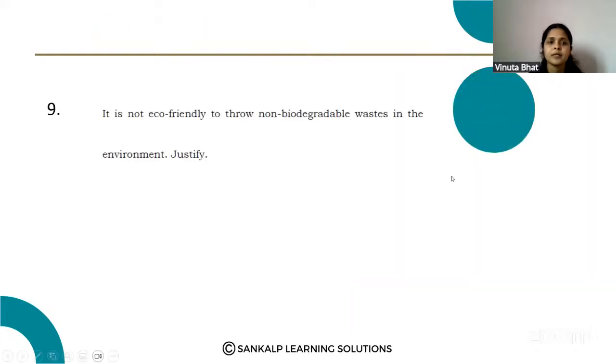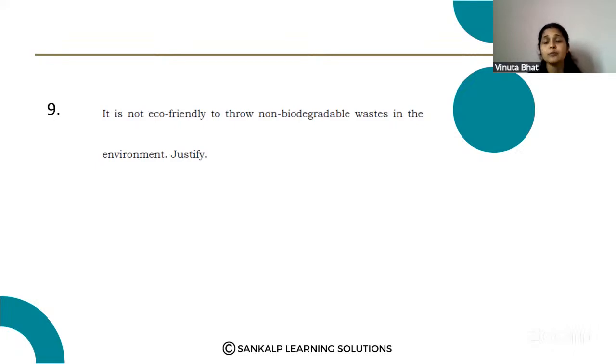Next question. It is not eco-friendly to throw the non-biodegradable waste in the environment. Justify. If you throw non-biodegradable waste, for example plastics, in the environment, that is not eco-friendly, because it is not degradable by the organisms.